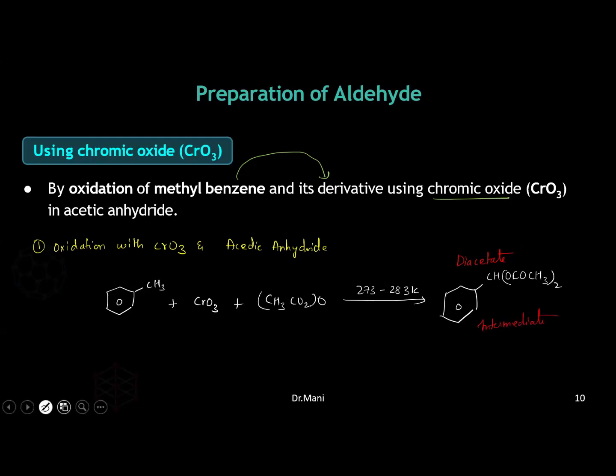This diacetate intermediate will further undergo the second step, which is hydrolysis, with H3O+ and heat. That will be converted into the aldehyde. So what happened here? Whatever methyl group is attached to the benzene ring undergoes oxidation in the presence of chromic oxide and acetic anhydride.